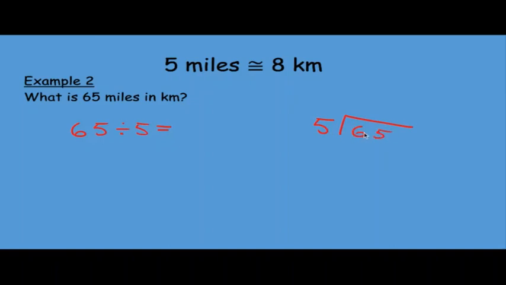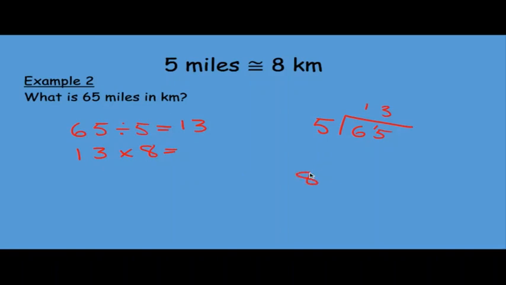So I've got 5 goes into 6 once with 1 remainder. Then 5 goes into 15 3 times. So there's 13 there. Now I've got 13 multiplied by 8 to turn that into kilometers. You might not know that off the top of your head. I certainly don't know my 13 times table very well.